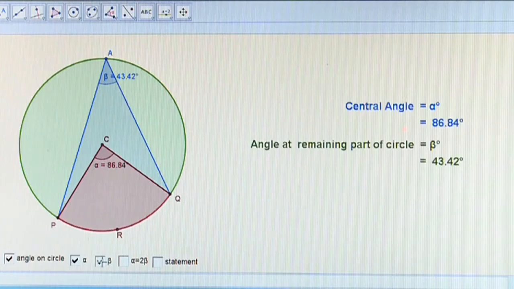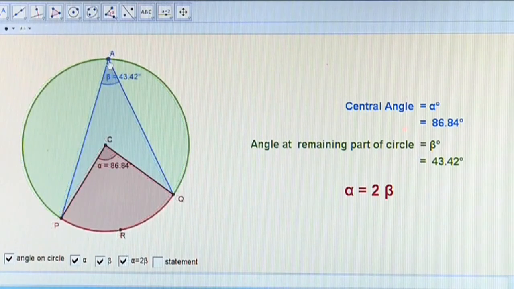Angle on the remaining part is 43.42 degree and the central angle is 86.84 degree. So, we can say that alpha, the central angle, is double of beta, that means the inscribed angle.